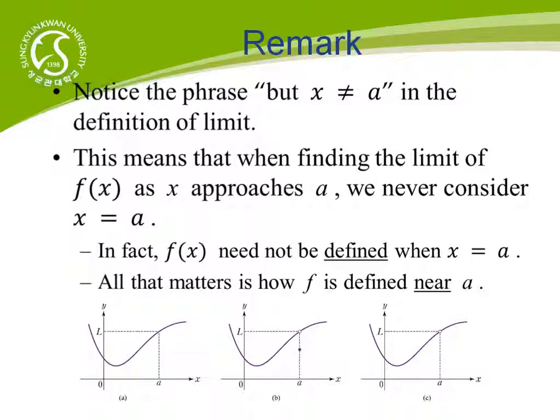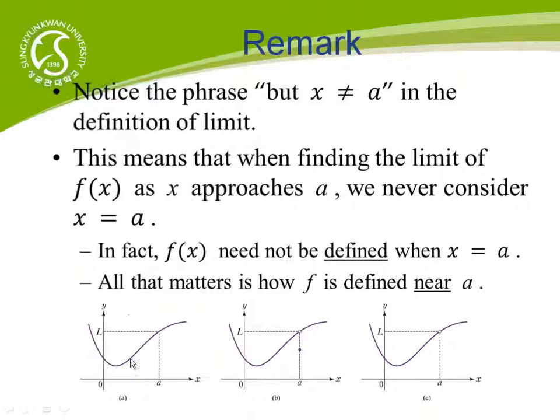So the point x equal to a has nothing to do with the limit. In fact, f of x need not be defined when x is equal to a. It doesn't even have to be defined at x equal to a. So all that matters is how f is defined near a.